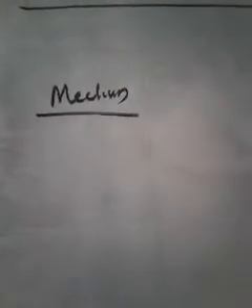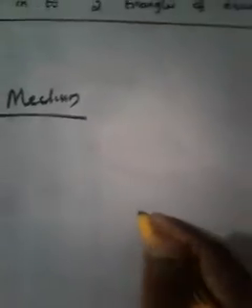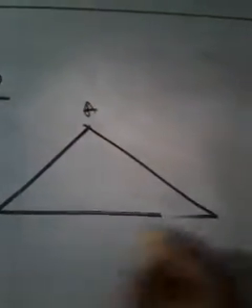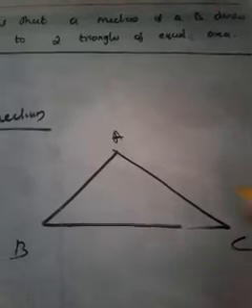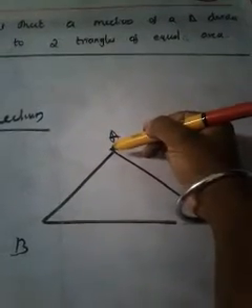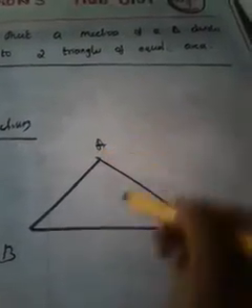Okay. And listen, what is median? That is our question. What is median? Okay. Median is, you just see, consider a triangle. If a triangle ABC, median is a line from a vertex towards the opposite side of that vertex.